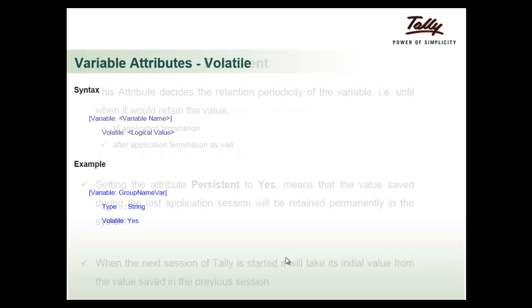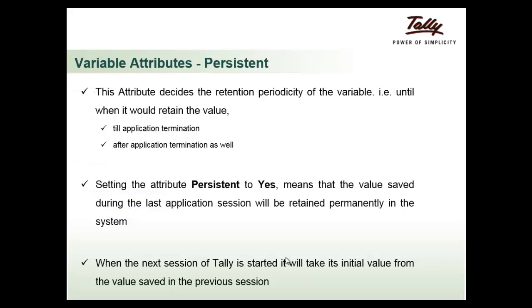Then we went to the attribute persistent, which decides the retention periodicity of the value of the variable. If you set it to yes, then even after termination of the application, the value of the variable will still be available in the file tally.save.cfg. If it is set to no, then the value will be lost at application termination.